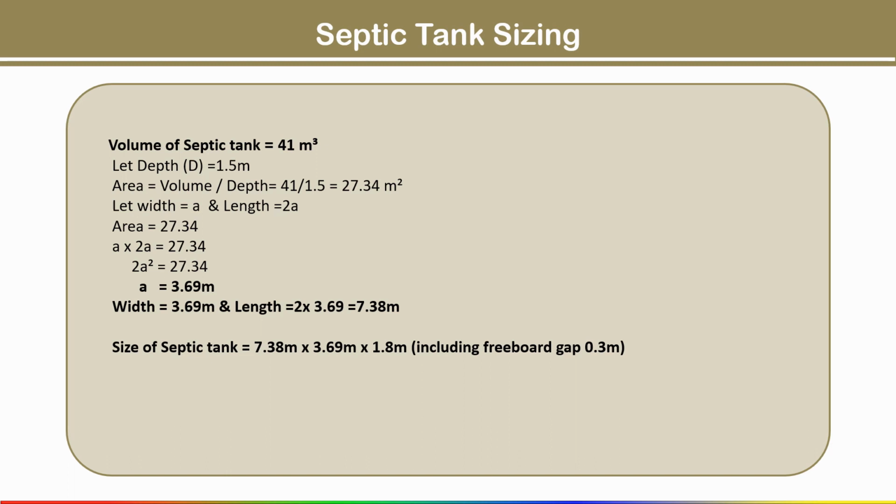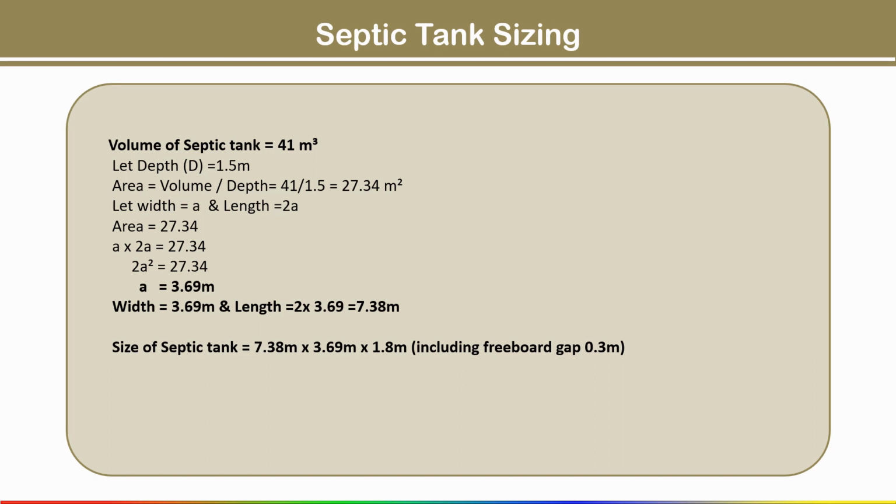So if I ask you to find the size, you can write it like this: size of septic tank is equal to length 7.38 meter into width 3.69 meter into 1.8. Here 0.3 meter I have taken including the freeboard gap.